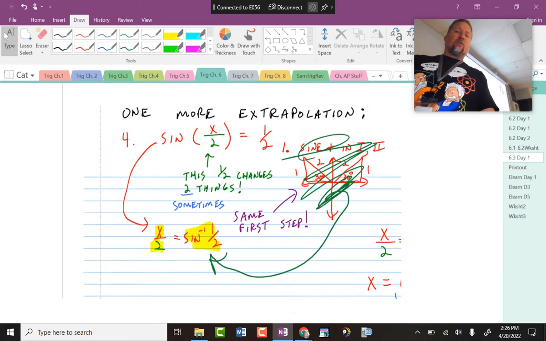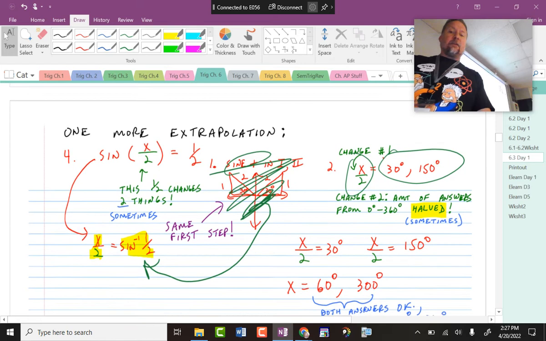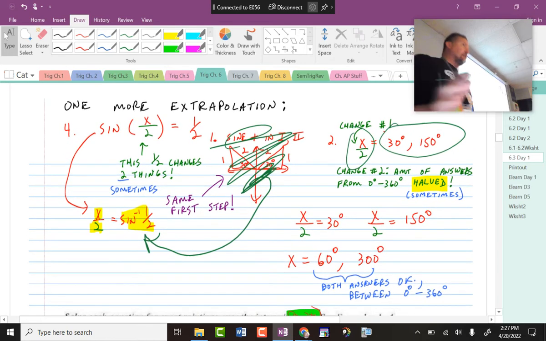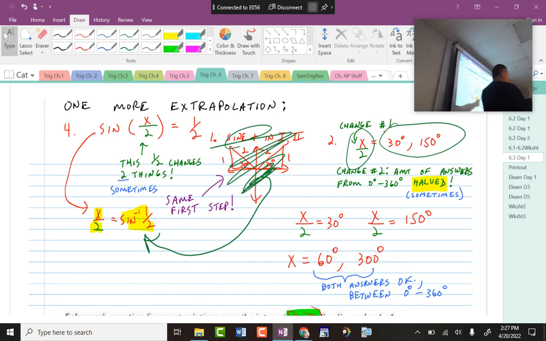Again, I told you we don't need to be drawing triangles. And in this one, you do not need to be adding 360 because the x over 2, the half x, potentially could give us half of the answers that we had originally. But in this case, it didn't because 300 barely makes it under. So understanding this one, x over 2 equals the same thing, 30 and 150.